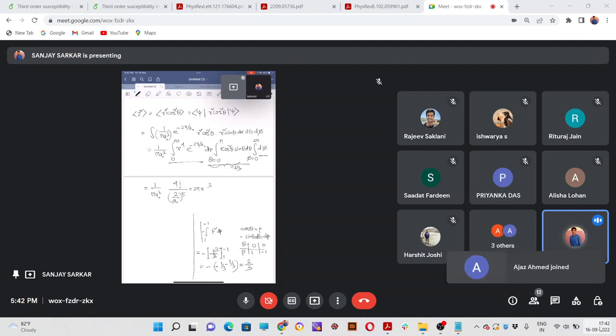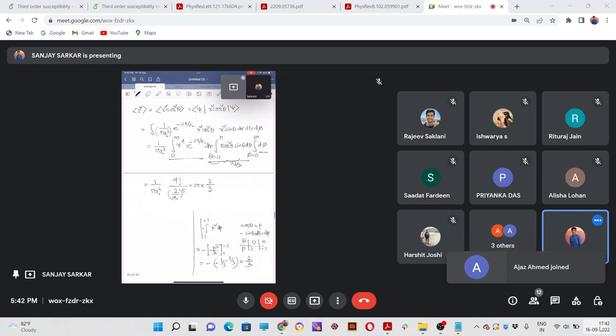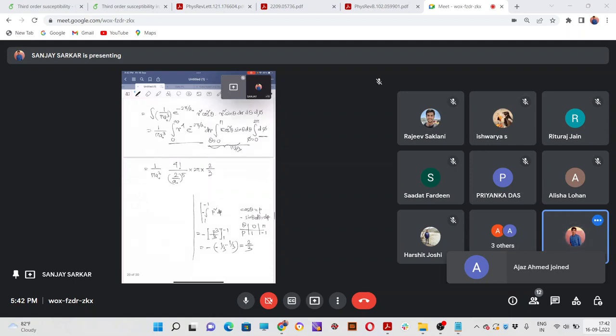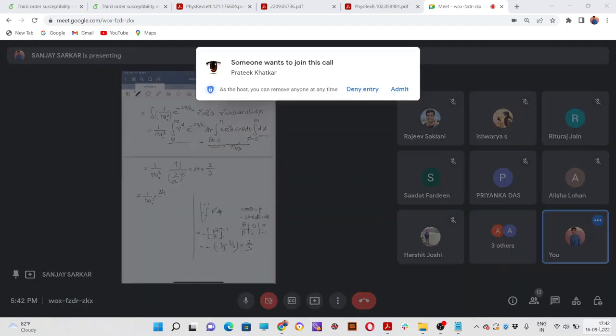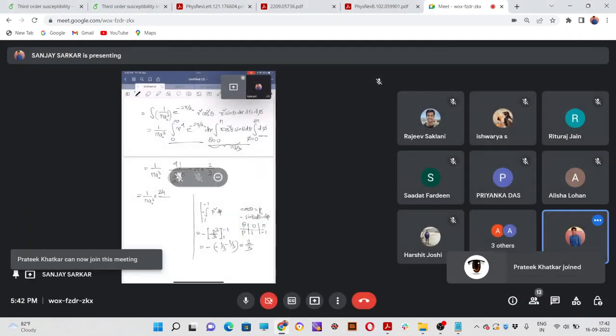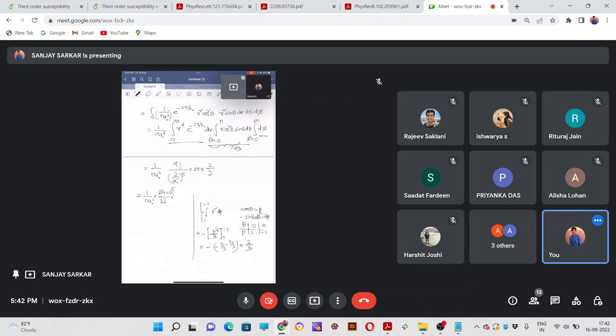So if we put this value here, what we get is 1 by pi a naught cube into factorial 4 is 24, this is a naught to the power 5, 2 to the power 5 is 32, into 2 pi into 2 by 3.